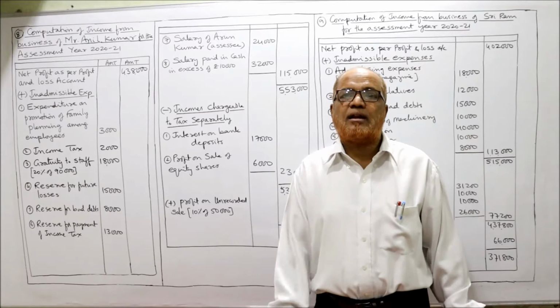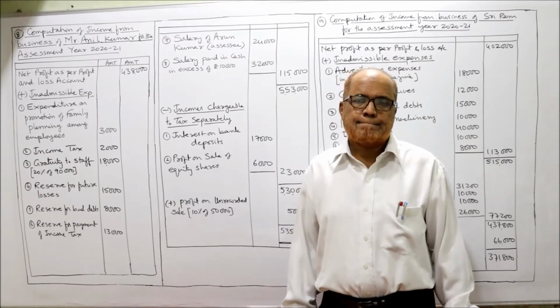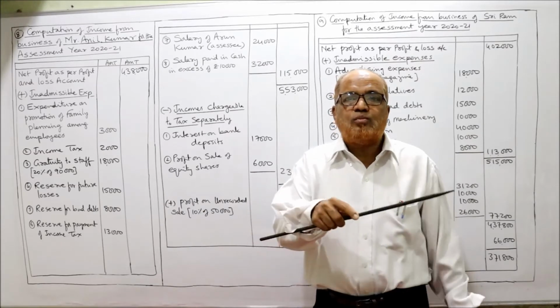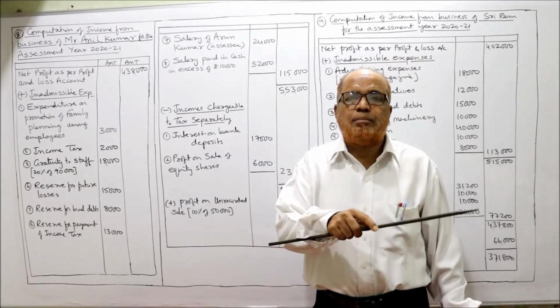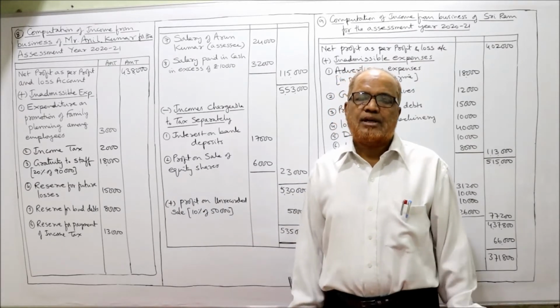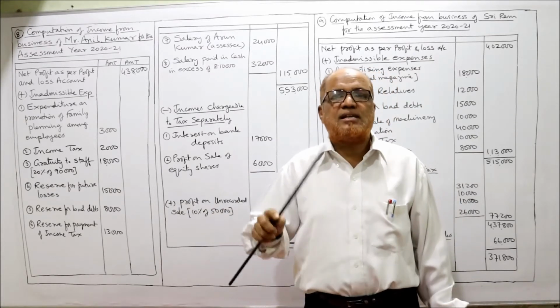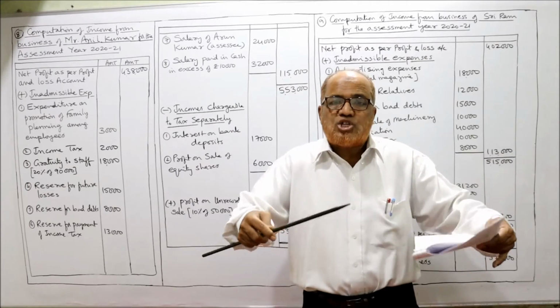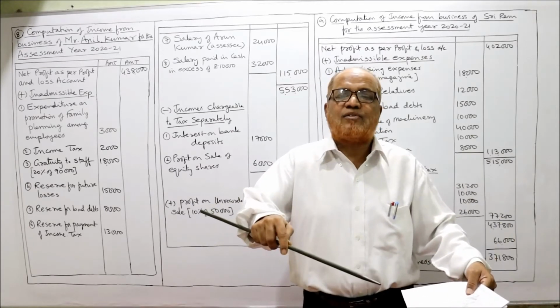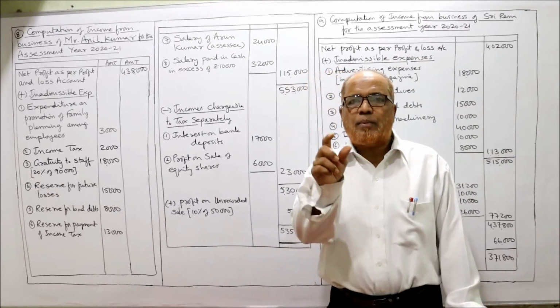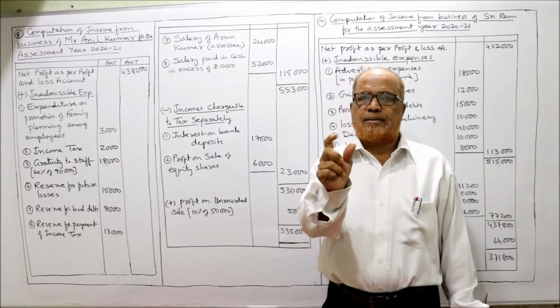is not taxable under income from house property, because the staff quarters are made for the smooth functioning of the business. So the rent recovered from staff quarter is a business income, and expenditure incurred on the staff quarter is a business expenditure. House property and staff quarter are different.